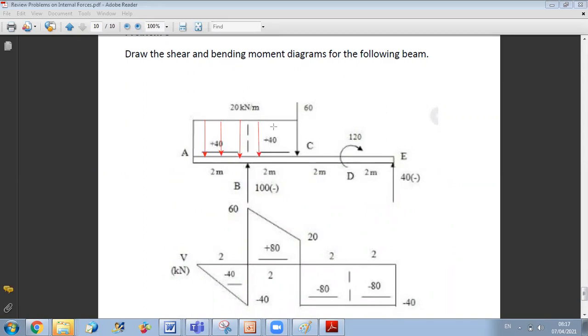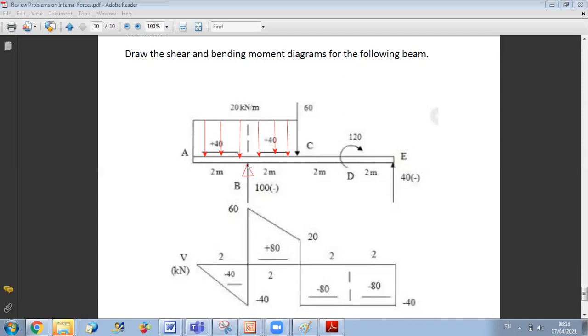Here they directly gave the reactions, but you might have, for example, a pin here, and this is a roller at E.